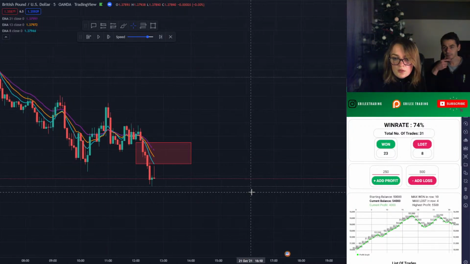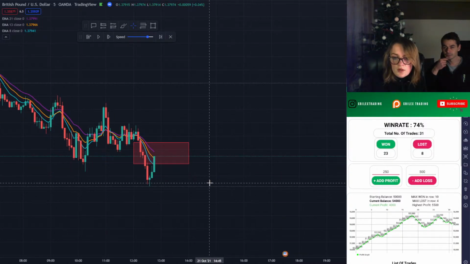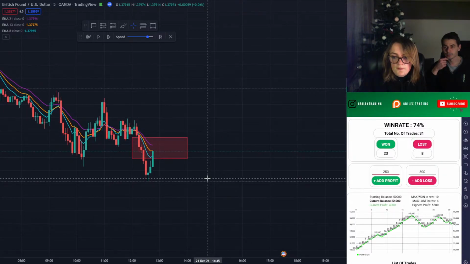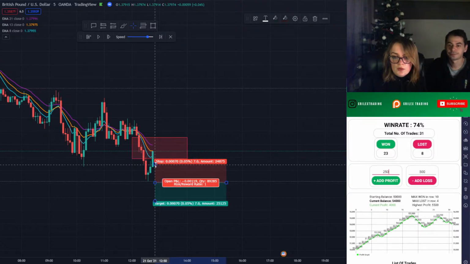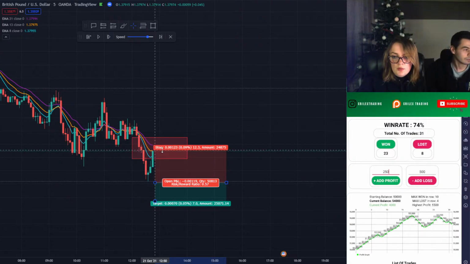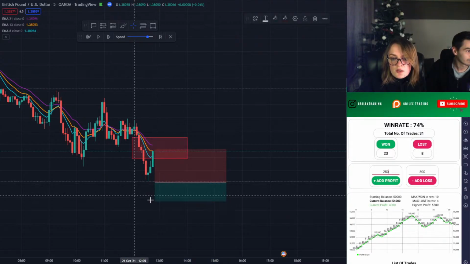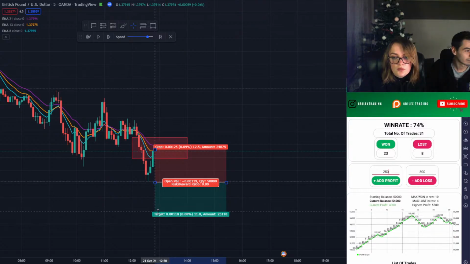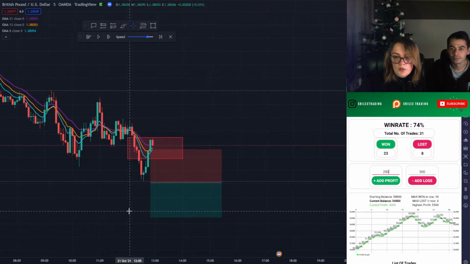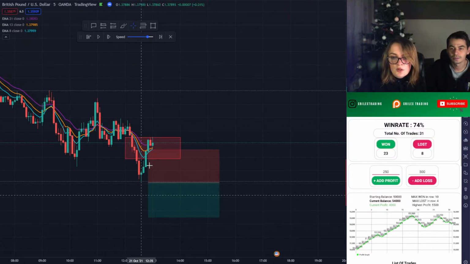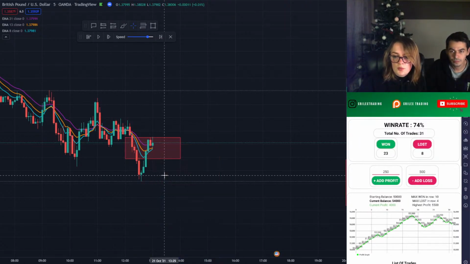And here we've got a retouch, and I can place a new short position here. Sell stop with the stop loss here, but actually I can see here that it may be a trend shift or something like that. I don't know if we will get triggered into this position, and this candle closed above the purple EMA.